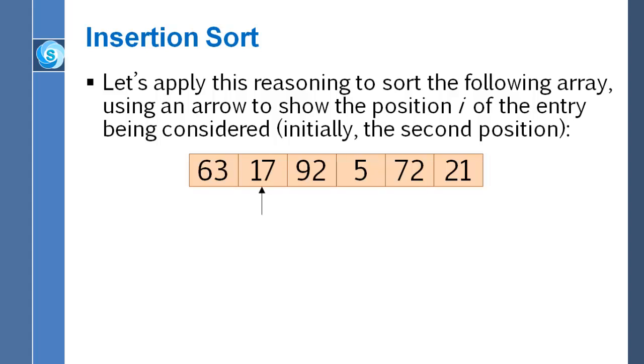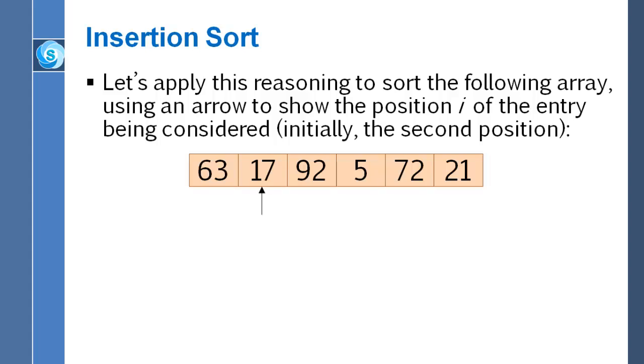Okay? All right, so now we want to start looking. Well, there's only 1 entry before 17, so we look at it and we discover that it's greater than 17.